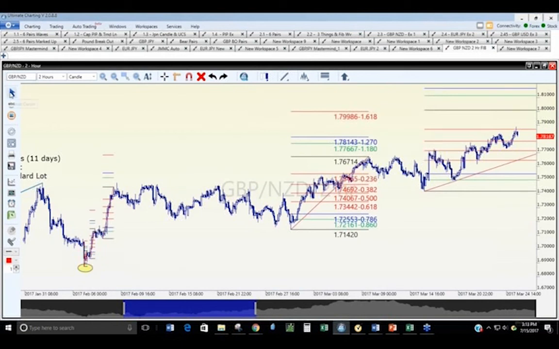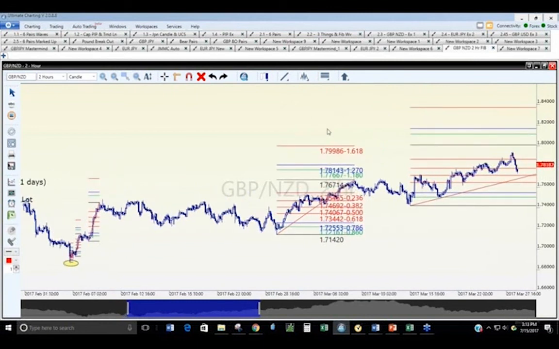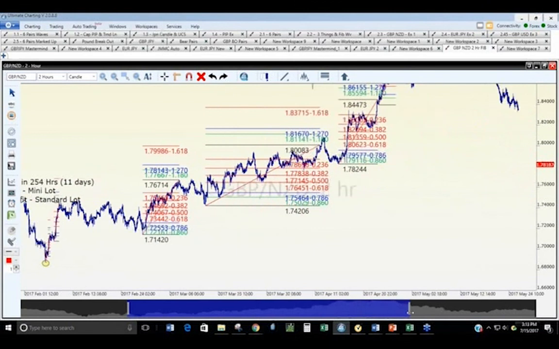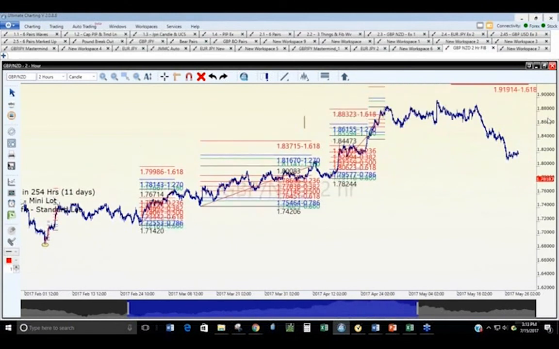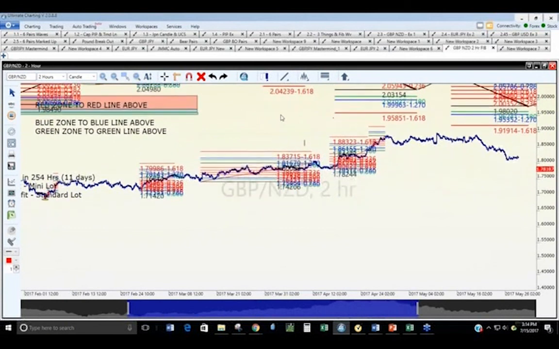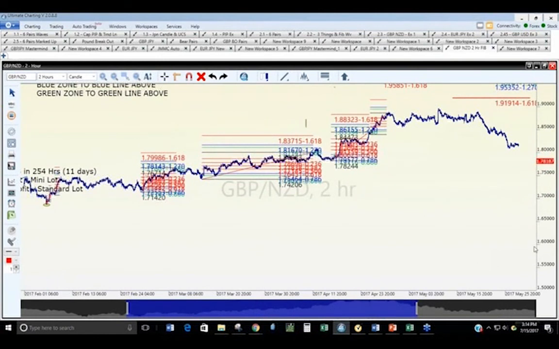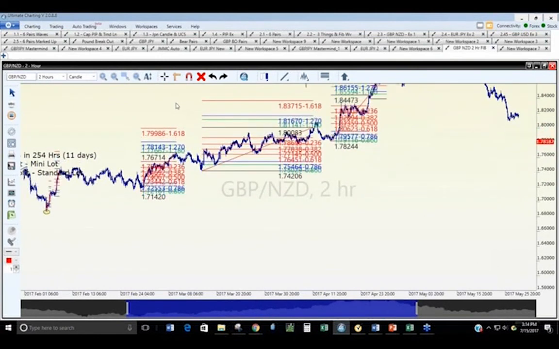Does everybody see this? It will draw the Fibonacci for you automatically. I'll keep what I did before up there so you can see what's going on. That was just when I drew it by hand.